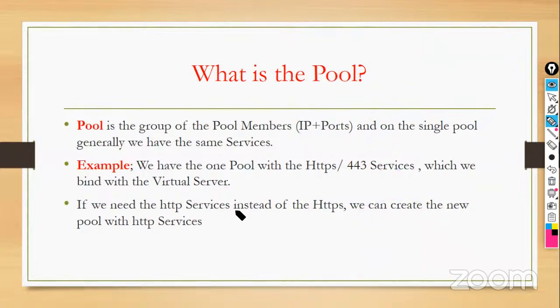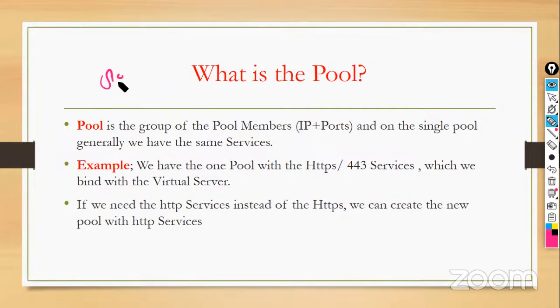If we need the HTTPS service instead of HTTP, we can create a new pool with the HTTPS service, right? So if we have the 80 pool already and we need 443 as well, we can create the 443 pool for the 443 service. We can also add them in the same pool, but it is better to always use the correct pool.